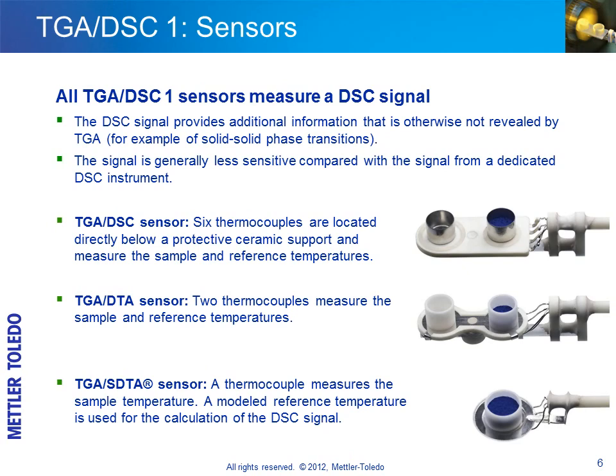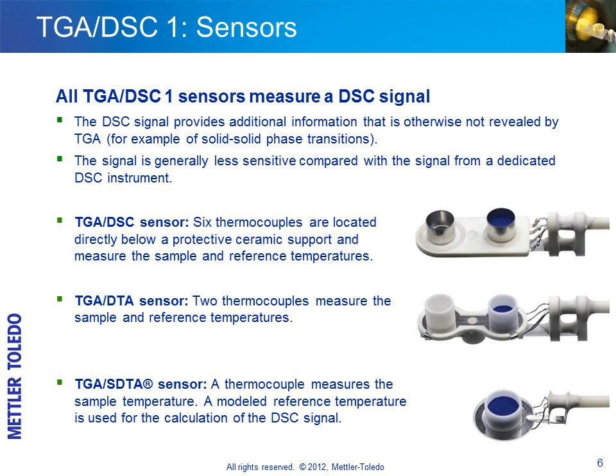The TGA DSC1 can be equipped with three different sensors. The TGA DSC sensor has 6 thermocouples located directly below a protective ceramic support, which measure the sample and reference temperatures. The TGA DTA sensor has 2 thermocouples that measure the sample and the reference temperatures.